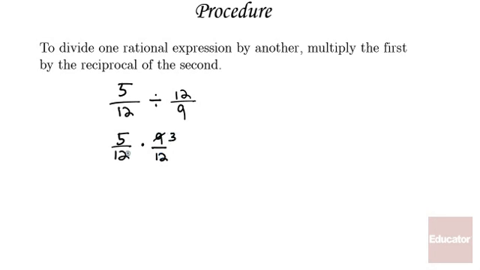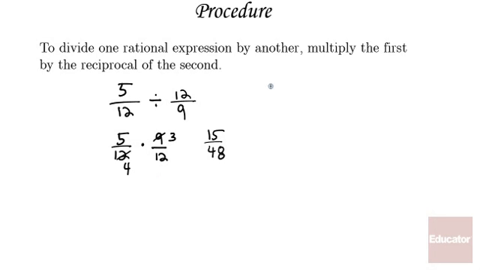So I have a common factor of 3. 3 goes into 9 3 times and into 12 4 times, and that's going to give me 15 over 48.